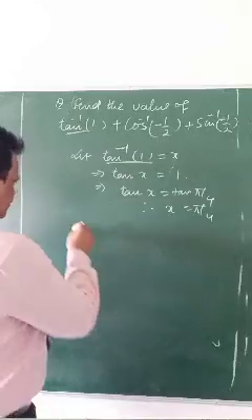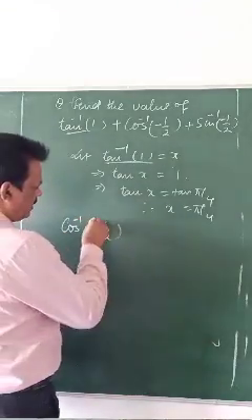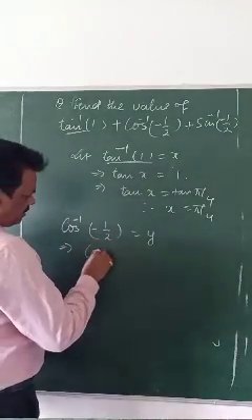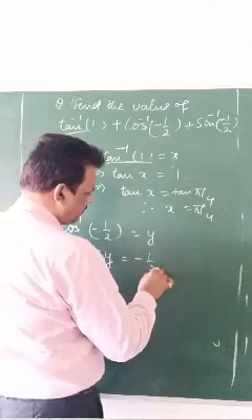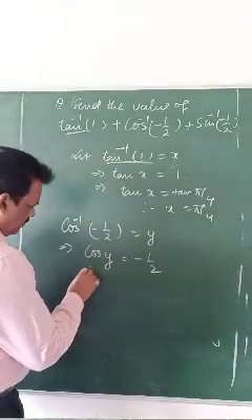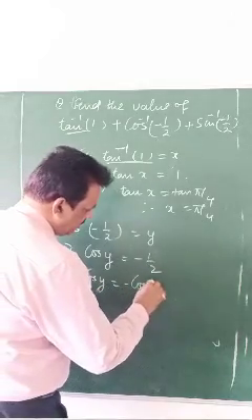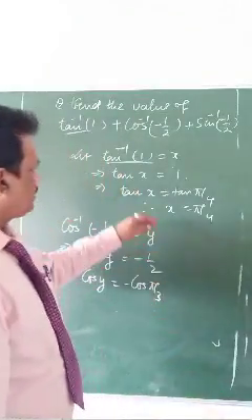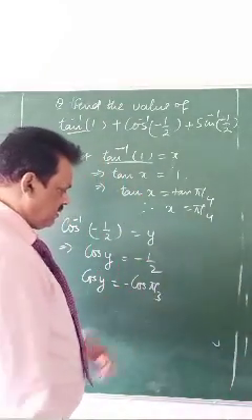Look at this. Cos inverse minus half is, suppose, y, implies cos y is minus half. Cos y equals minus cos 60 degree. But your range is 0 to pi, so you have to bring it under the range.